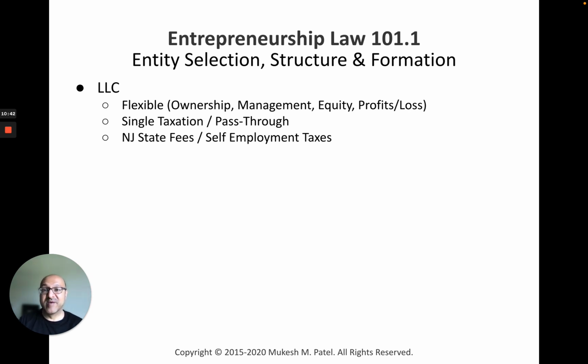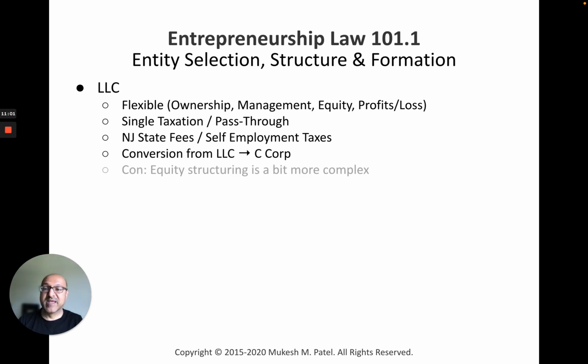So if you have 5 members or 4 members, let's say, that could be $600 per year, 150 times 4, just for that additional fee. There also may be some self-employment taxes that could be hit as well. Again, if you are an LLC and you need to convert to a C Corp, that might be a possibility.